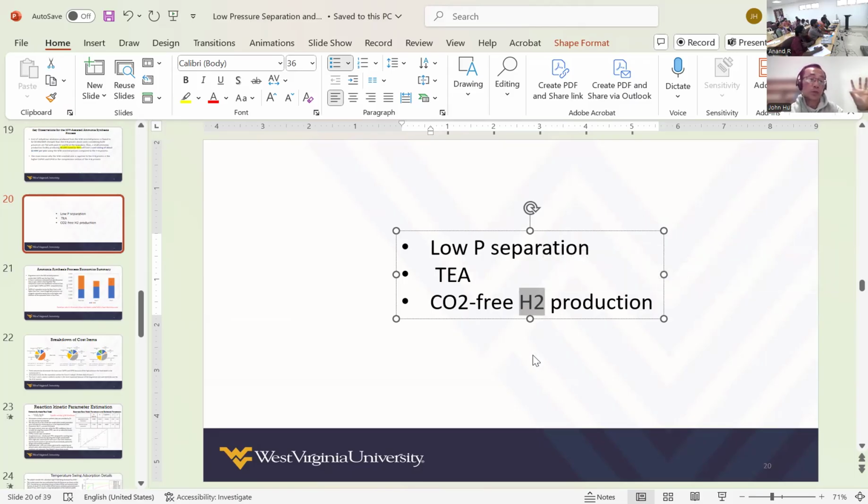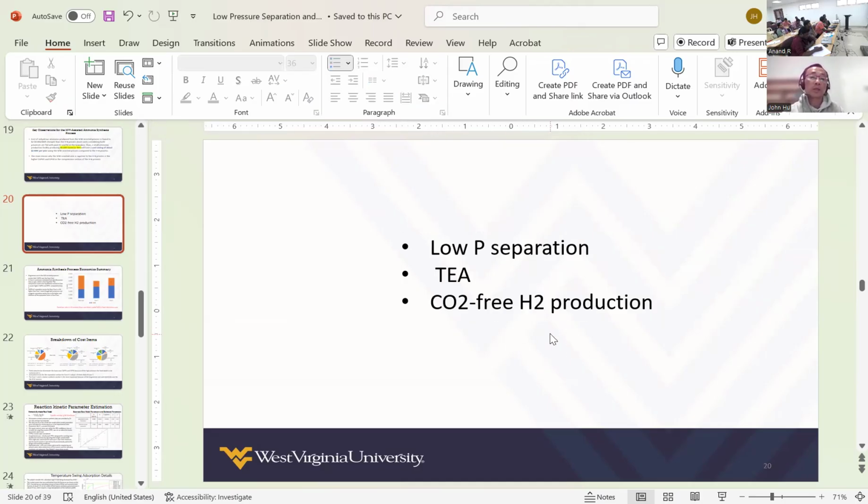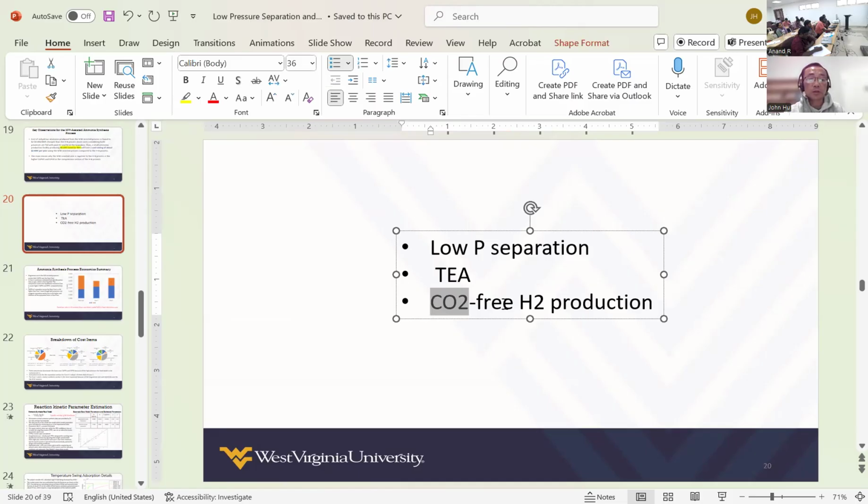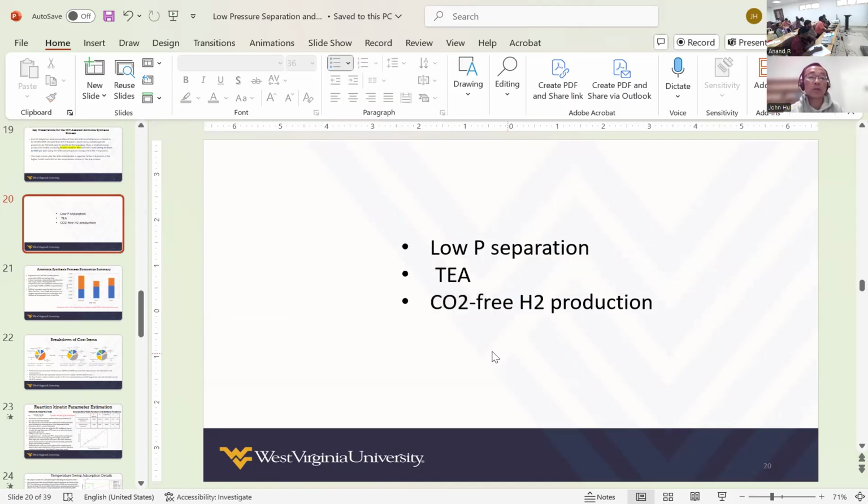You split water, but you spend a lot of renewable power to generate hydrogen. When you say green ammonia or green hydrogen, you do not want CO2 produced. So that's why I'm going to show you CO2-free hydrogen. I'm sure you know blue hydrogen. I'm not talking about blue hydrogen. I'm going to talk about different colors of hydrogen.